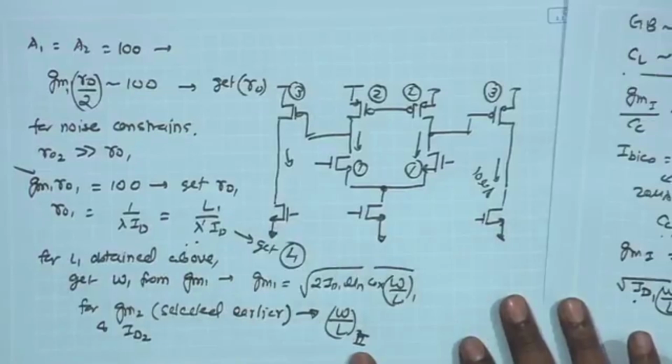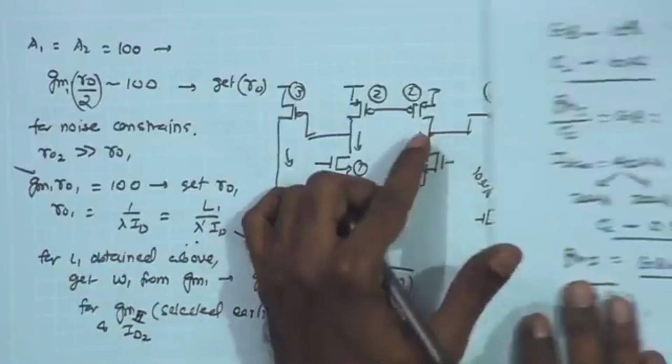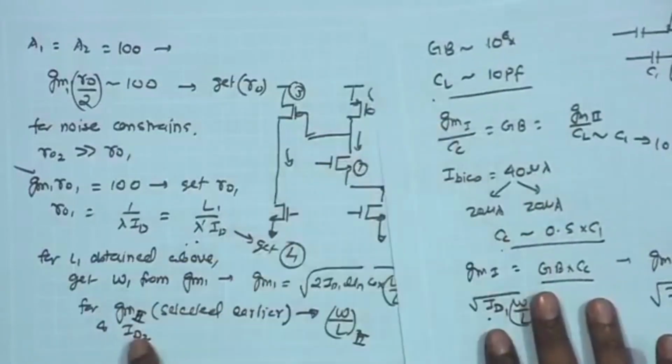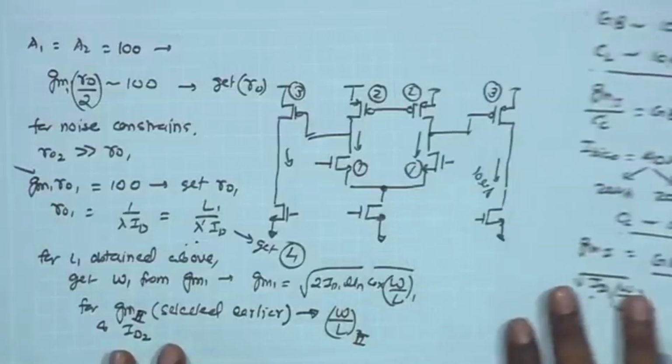GM2 will be obtained by the GM1 GM2 ratio that we had over here, and from there I have the ID2 also determined, and I have the value of W by L2 known.